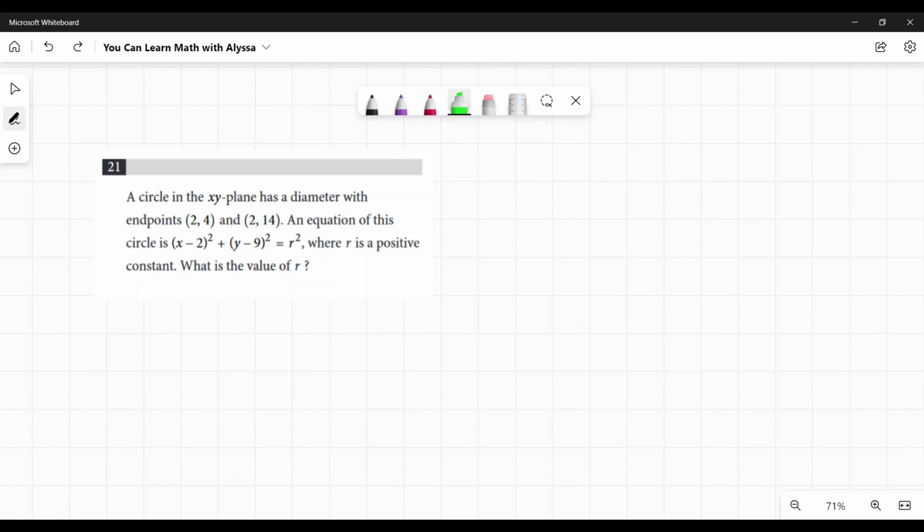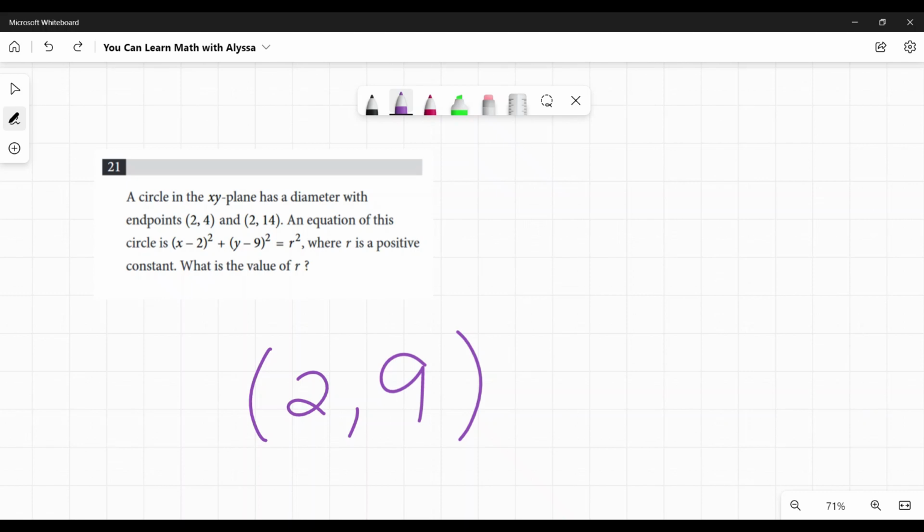In this format, this number right here is your x value of the center, but use the opposite. And this right here is the y value of the center of this circle, but you use the opposite. And r squared means the radius squared. That is the standard formula of a circle. That's what they're giving you.